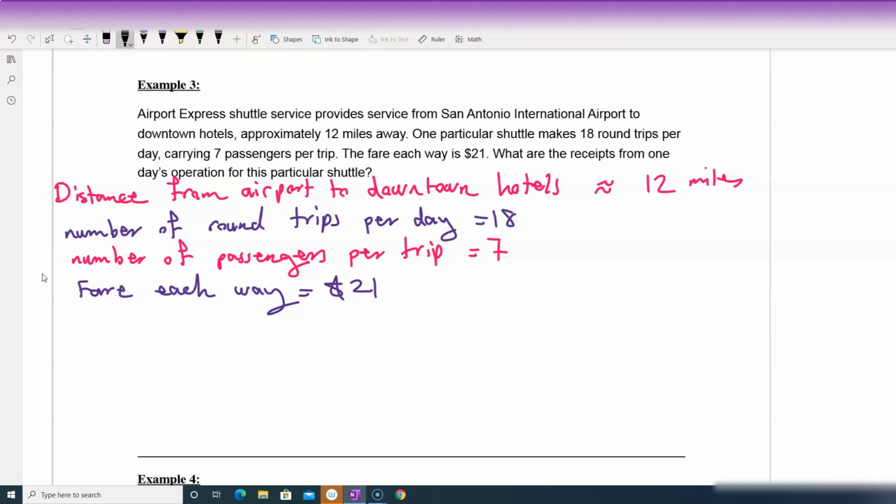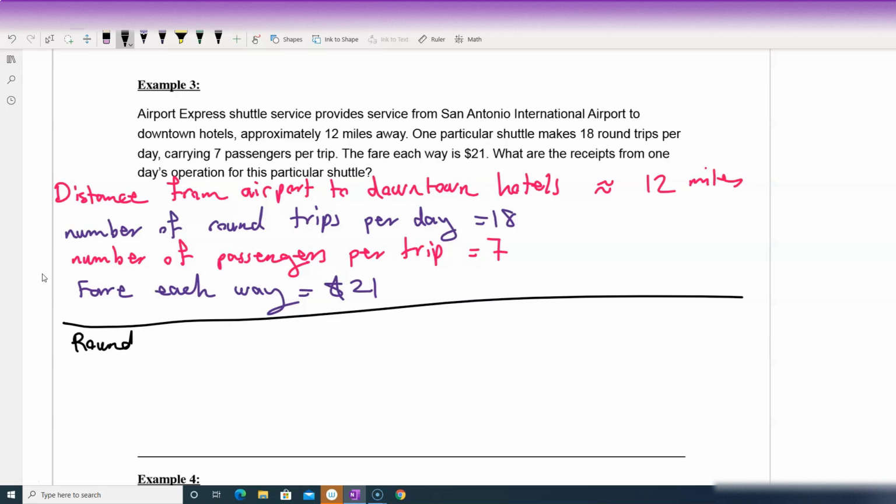Now, the receipts from one day's operation for this particular shuttle, meaning that we're going to find the round trip cost first using all these. Round trip cost: each way is $21, so the round trip is 2 times $21, which is equal to $42.